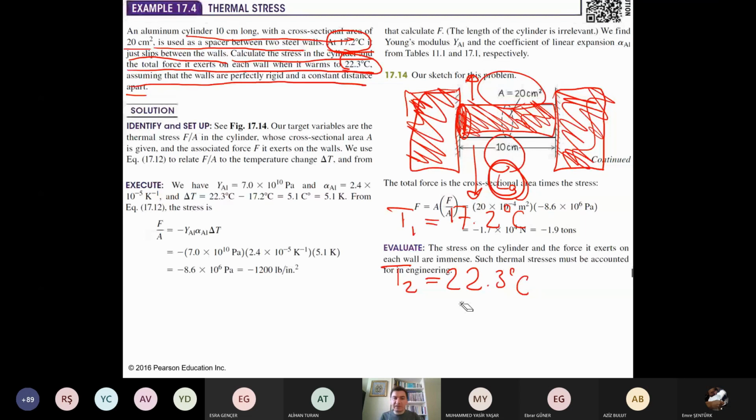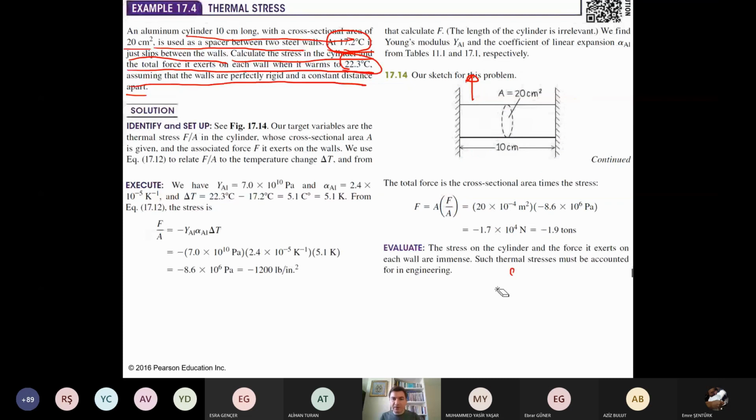If you know the thermal stress formula, which we have seen in the previous transparency, it is easy to calculate it. This is the thermal stress, force per area, Young's modulus of aluminum, linear thermal expansion coefficient of aluminum, and the change in the temperature. So this is the final temperature, this is the initial temperature, 22.3 degrees Celsius minus 17.2 degrees Celsius, and the change in the temperature delta T is 5.1 degrees Celsius or 5.1 Kelvin.